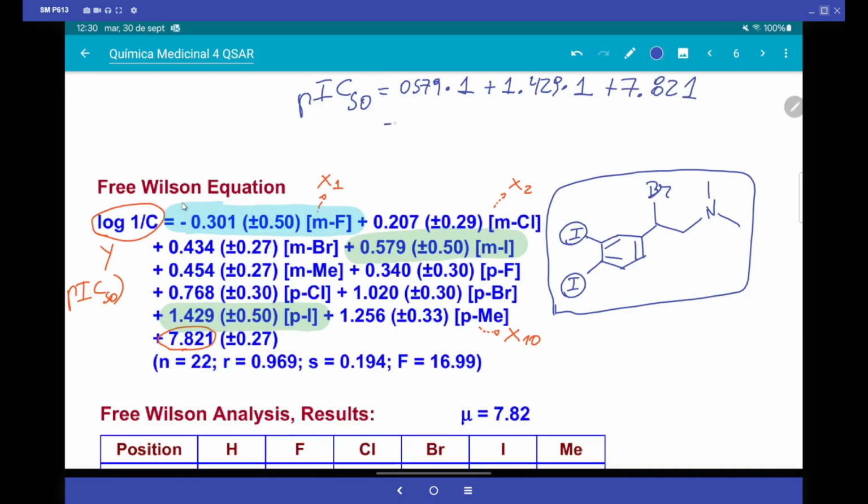I go to the calculator to predict the value quickly. It gives me 9.821.